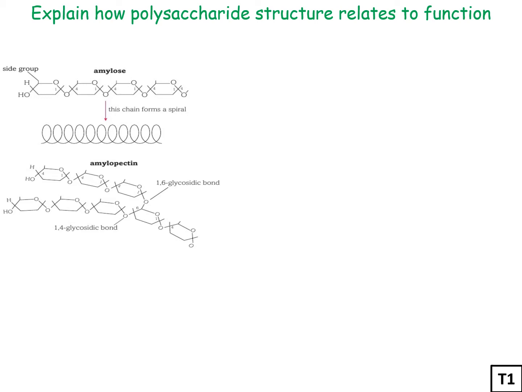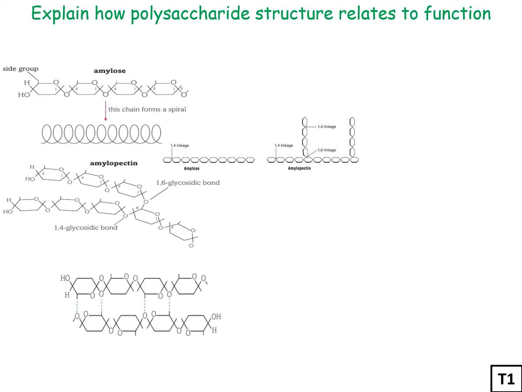And you can see that amylose and amylopectin are slightly different to each other, because amylose has just got a straight chain of saccharide with 1,4 glycosidic bonds, whereas amylopectin has got additional branches, and these branches are joined to each other through a 1,6 glycosidic bond.